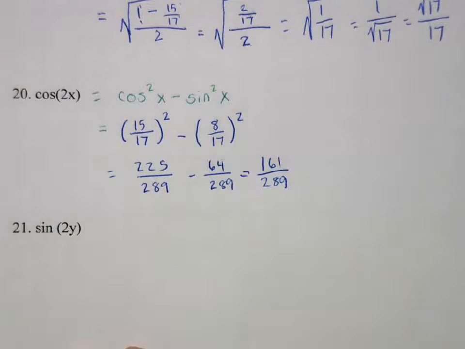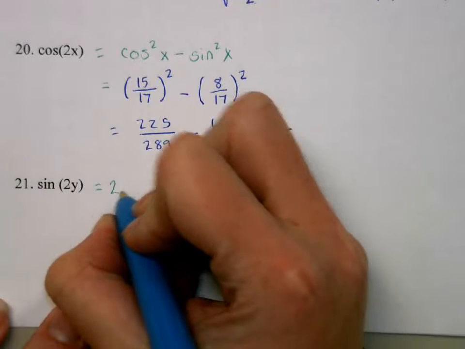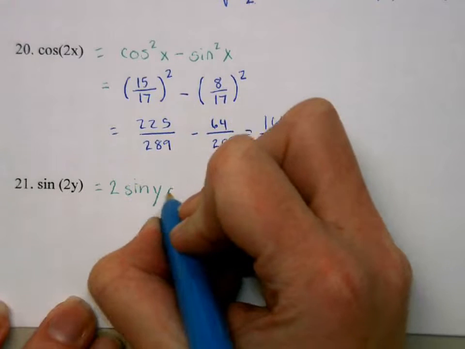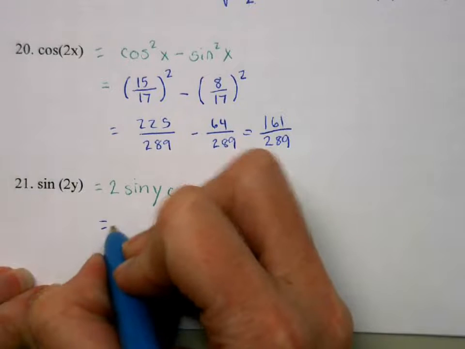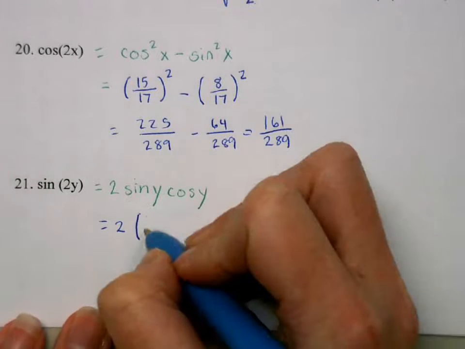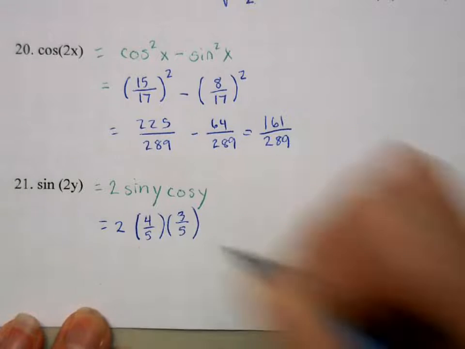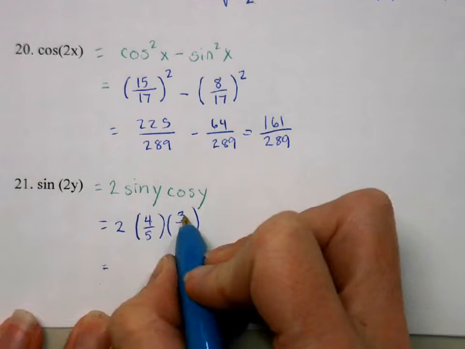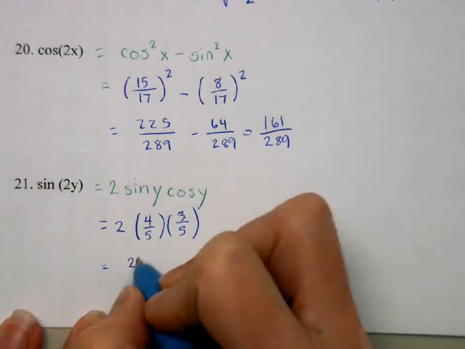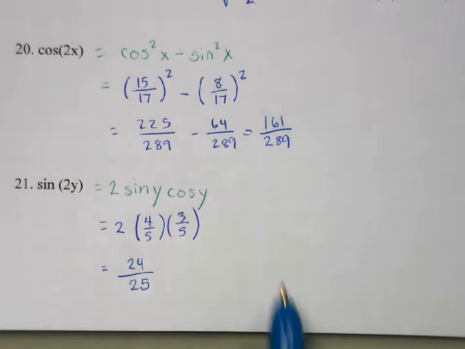The identity for sine is 2 sine, in this case y, cosine y. So we have 2, the sine of y was 4/5, the cosine of y is 3/5. So this is going to be 2 times 4 is 8 times 3 is 24 over 5 times 5 is 25. So in all of these, you find the other two trig functions that you're not given, and then just simple replacements with the numerical values.